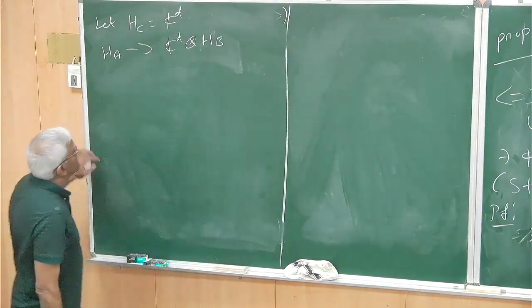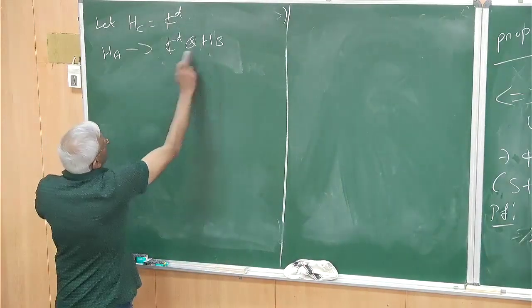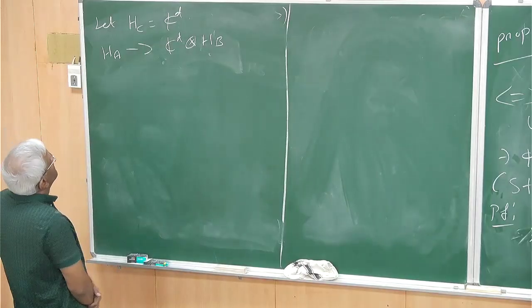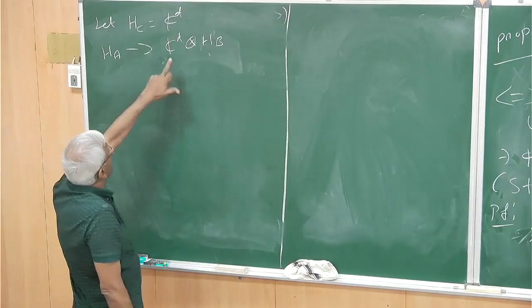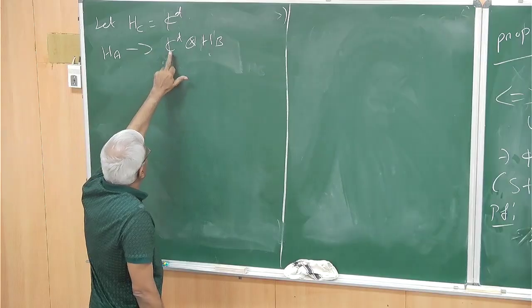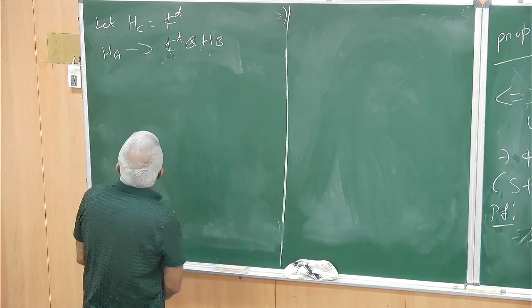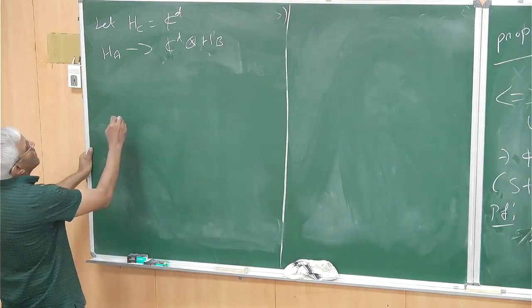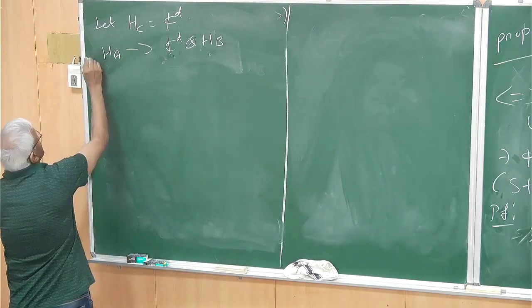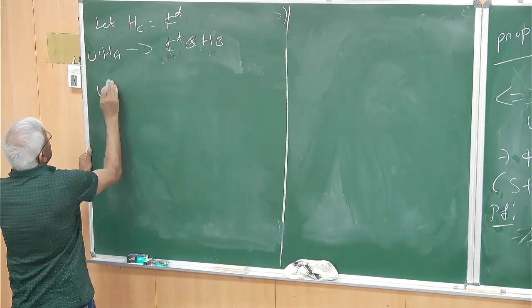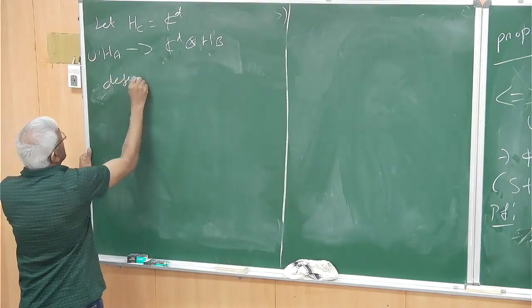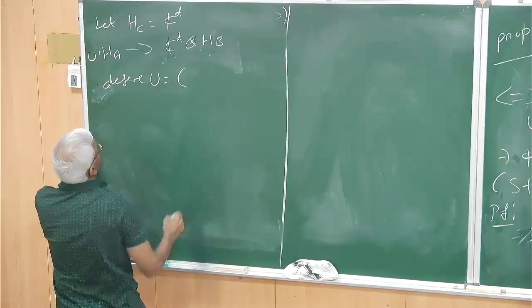This is C^D. So we want a map from here. This is just a vector, a D-vector of elements coming from here. So we want a U from here. I just define U to be just this.